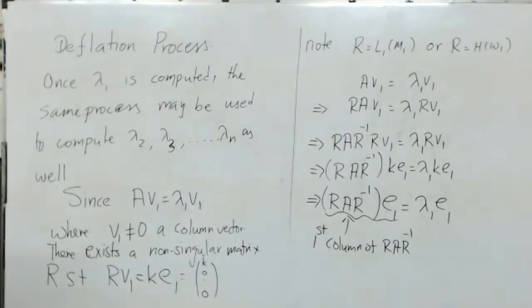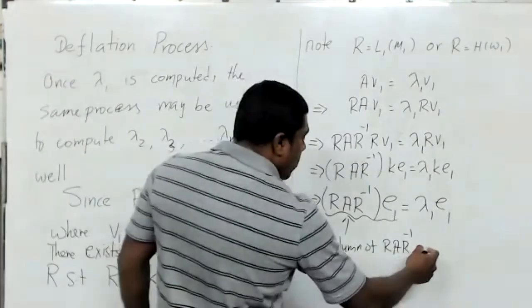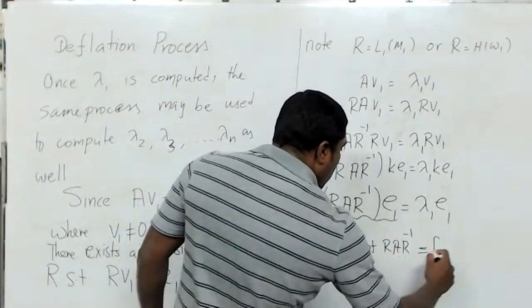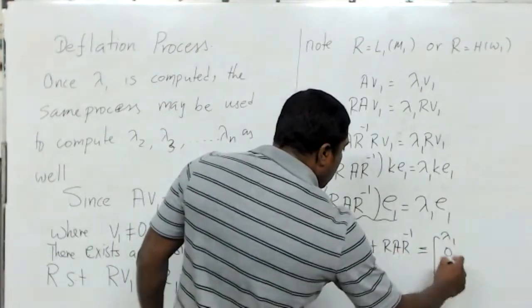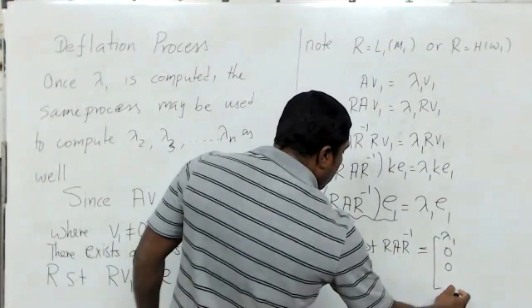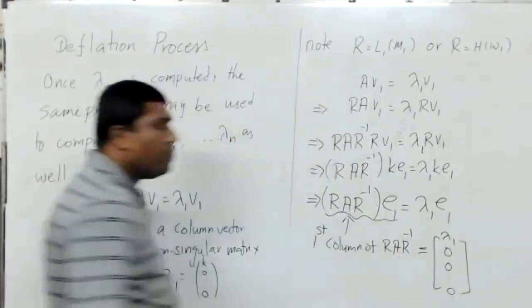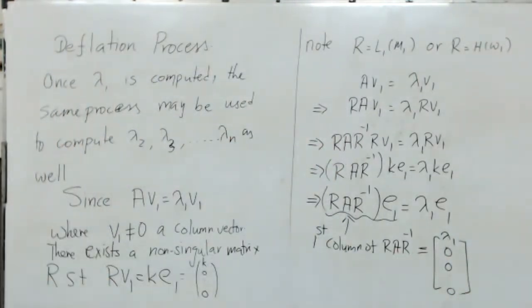So that column is going to look like lambda 1, 0, 0, all the way down to 0. This is what theoretically you are going to have, right?